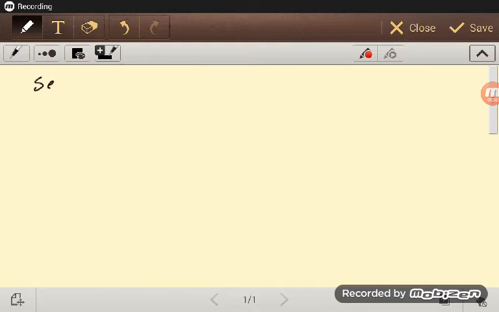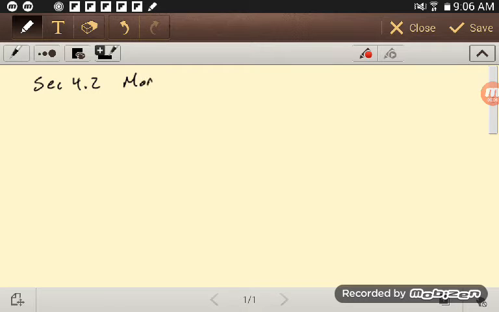Okay, so section 4.2, more on area. And let's do something where we just plain know the answer, right?